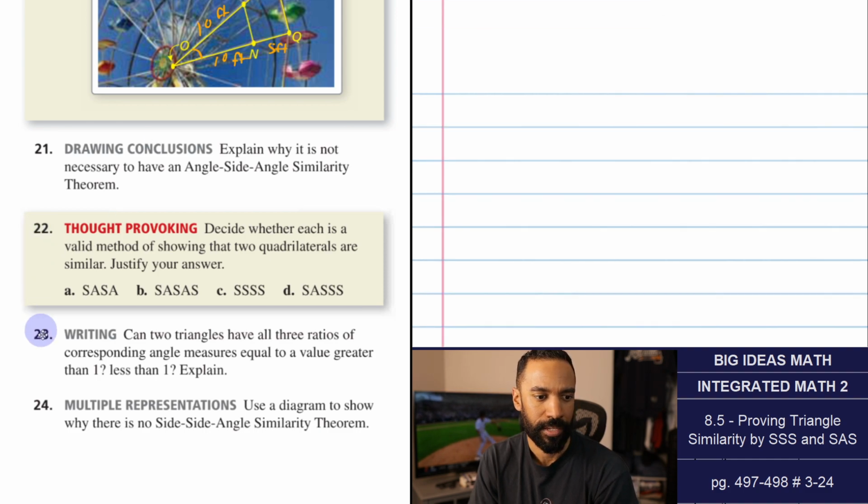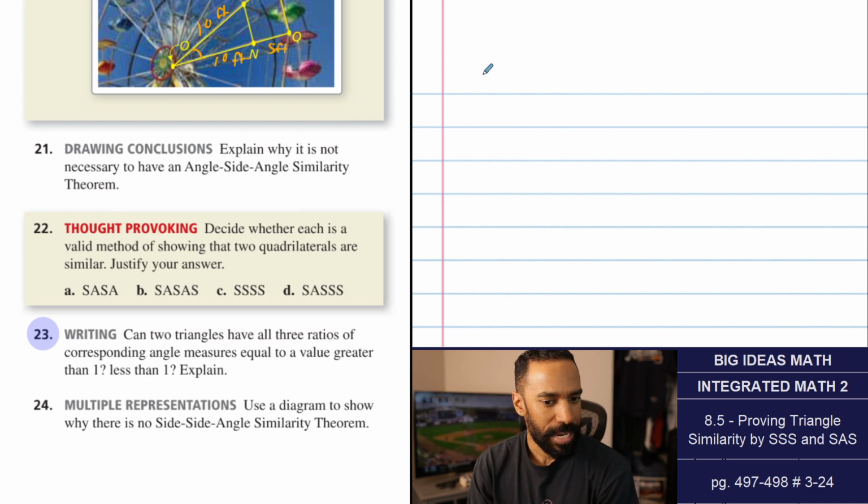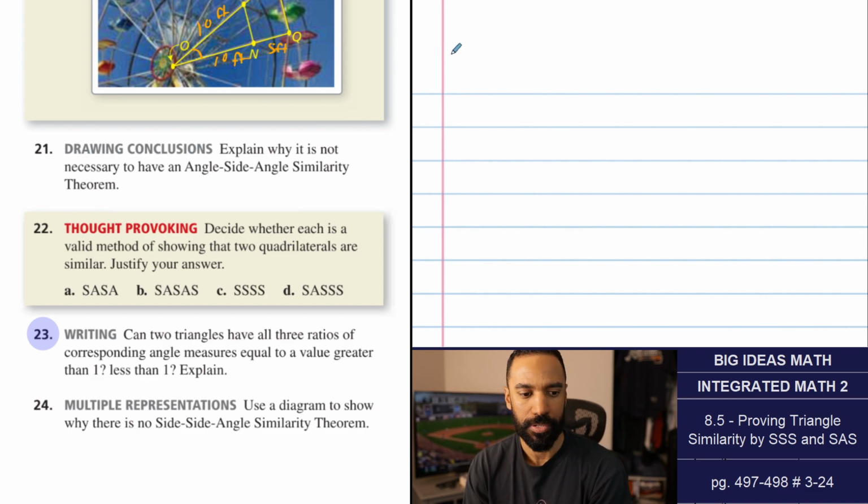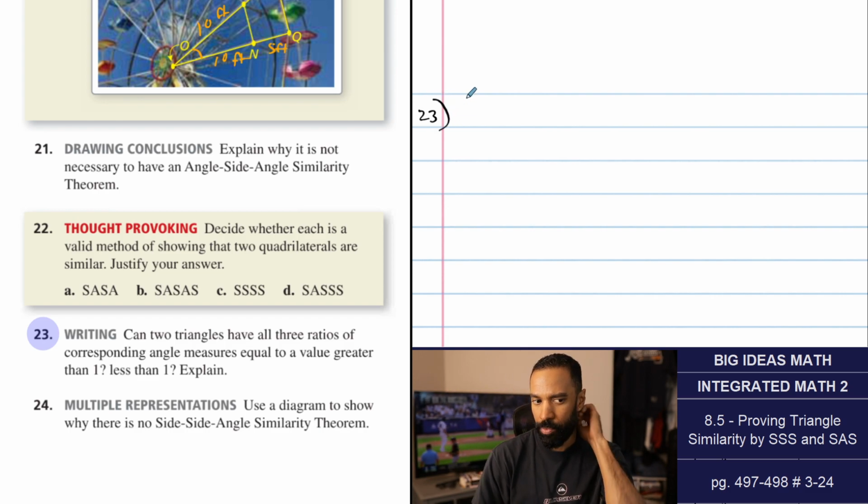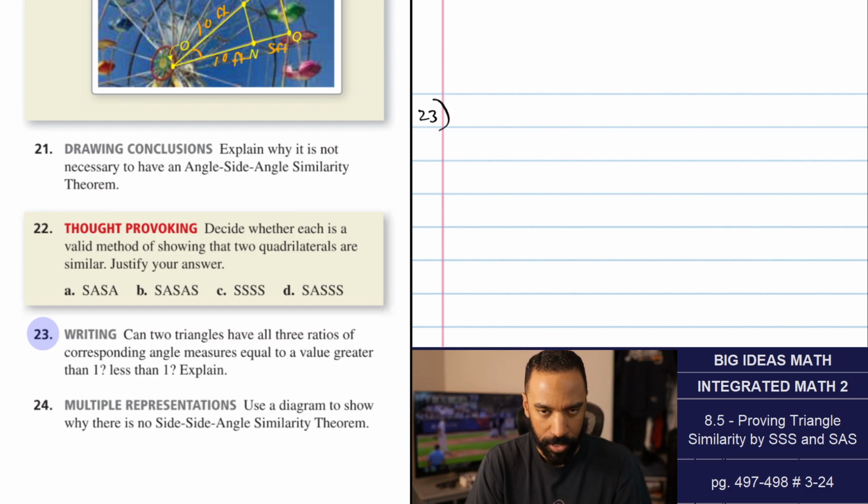All right, number 23. Writing. Can two triangles have all three ratios of corresponding angle measures equal to a value greater than 1, less than 1? Can two triangles have all three ratios of corresponding angle measures equal to a value?